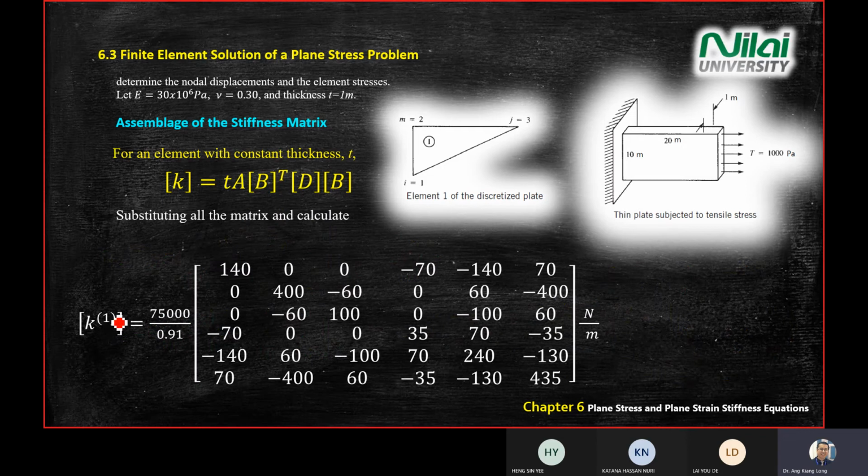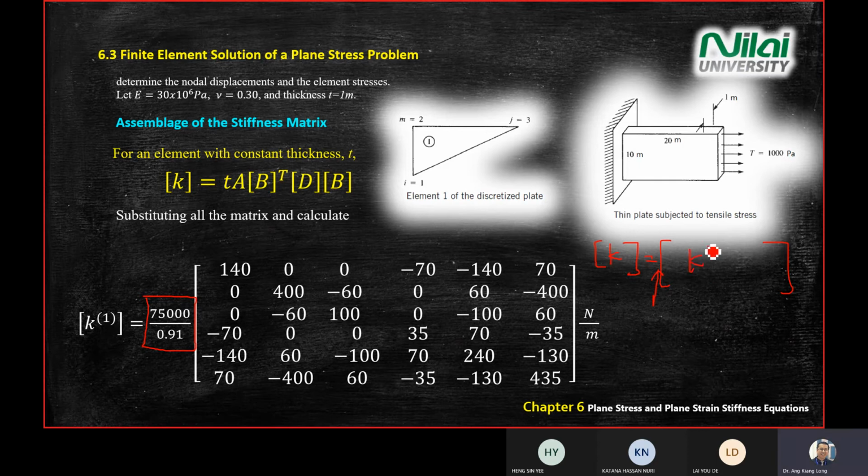You'll get your K matrix for element 1 equal to this, and be careful of the constant value in front. When you combine into the global matrix, the constant in front must be the same.